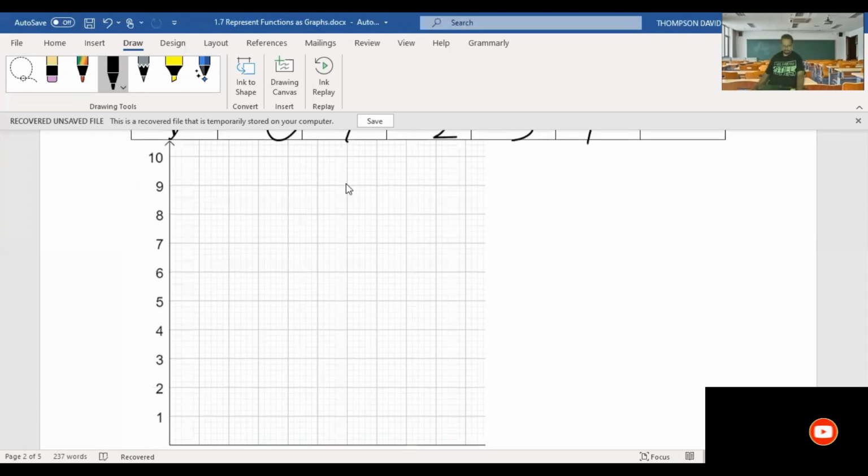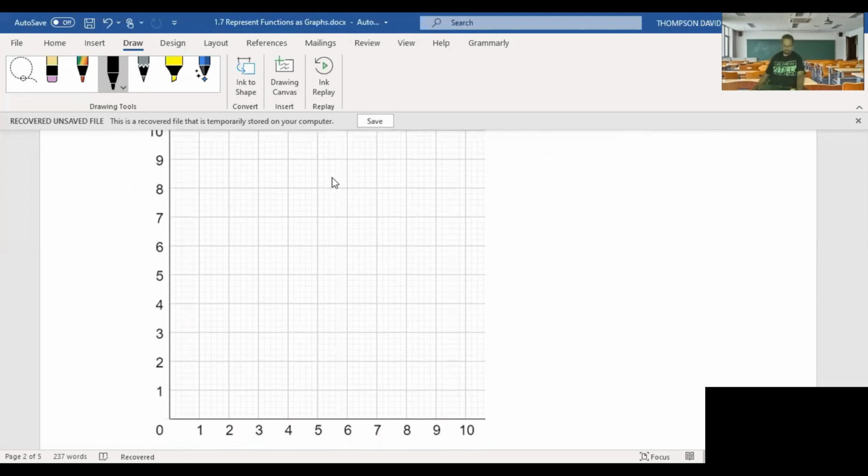We fill in our y's, and then we just plot our points. So we have 0, 0, 2 and 1, 4 and 2, 6 and 3, and 8 and 4, and we have plotted our graph, and we're done.